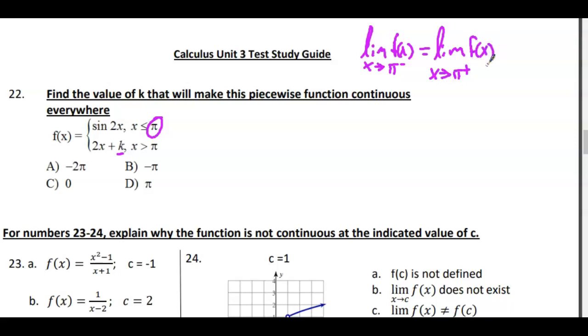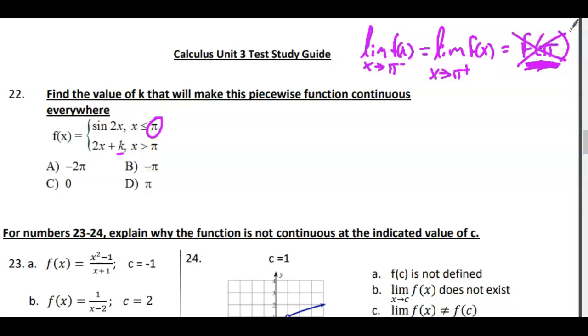Another subtle detail that's easy to miss is it also has to equal the value of your function at that point. I'm not going to be making much use of this fact to solve this problem. The only time you have to worry about this is if they don't have an equal sign on one of these, because then the function just can't equal that number. But in this case, it does, so we don't really need to worry about this.